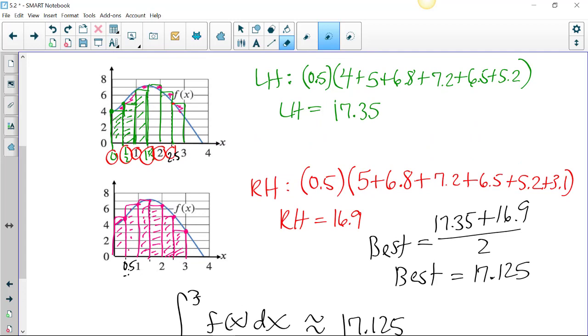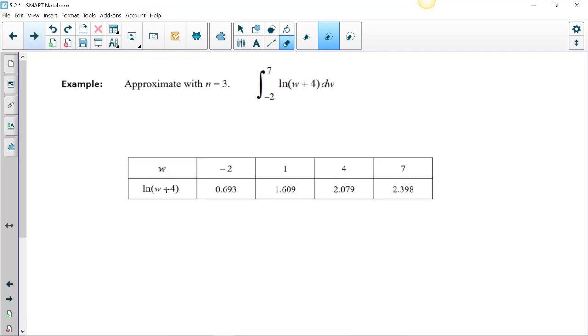Okay, all right. So here we go. Here's one where we're not going to actually draw the rectangles. The only thing tricky about a lot of these in your homework is it's just number crunching on your calculator, and it's a little tedious. If I want to approximate this definite integral, notice how my variable is w now. Totally fine, same deal, but they match.